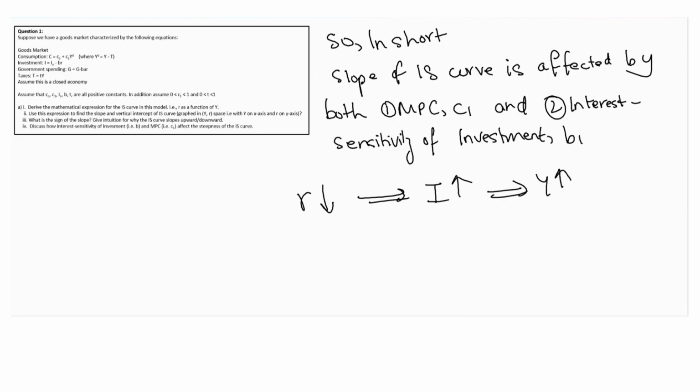And the interest sensitivity of investment plays a part over here because when R decreases, how much I increases depends upon how sensitive or responsive investment is to changes in interest rate. And when I changes, that changes demand, and it changes output through the multiplier effect. So the change in Y due to the change in I depends upon the multiplier, which depends on C1. So that is all as it is.